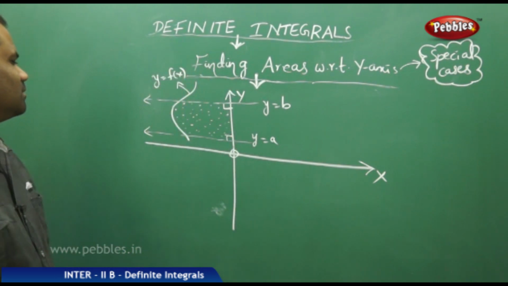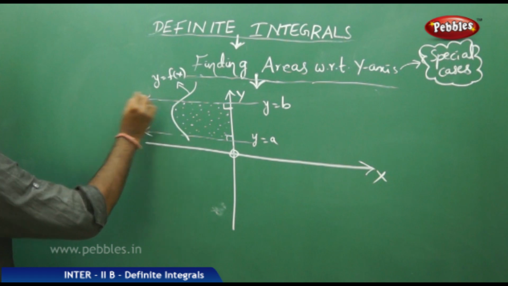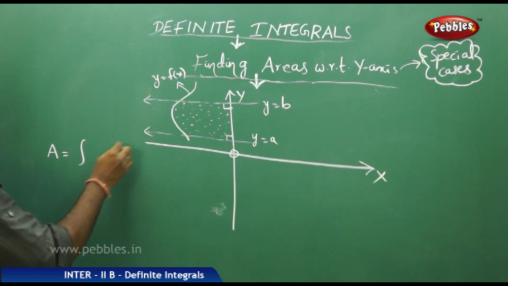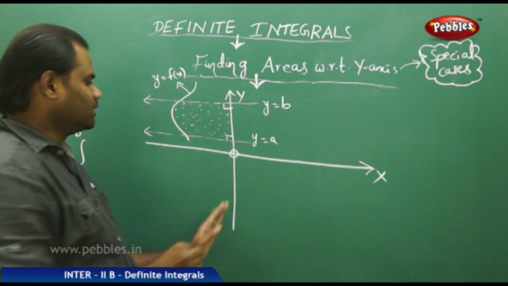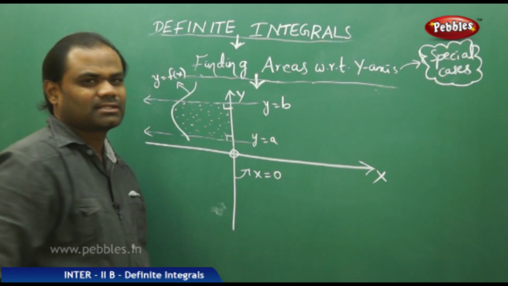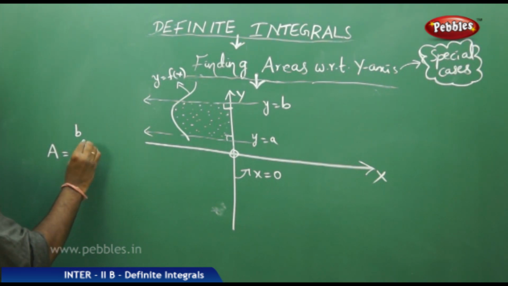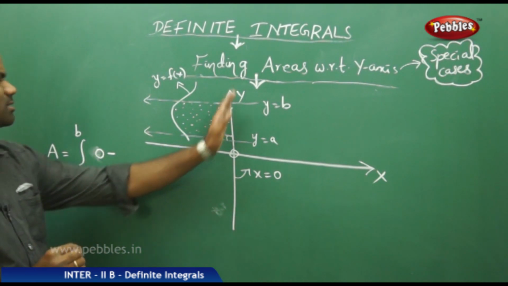Okay. So in this case, to find the area, we have area is integral of lower limit to upper limit of the upper curve minus the lower curve dx. Here the upper curve is x equal to 0, so the y-axis acts as the upper curve, because it is on the top.